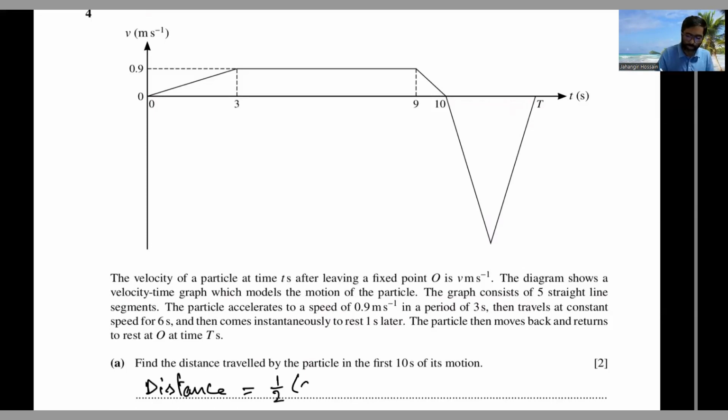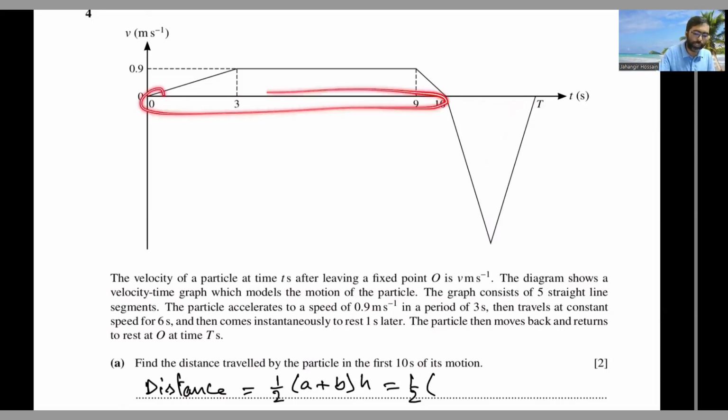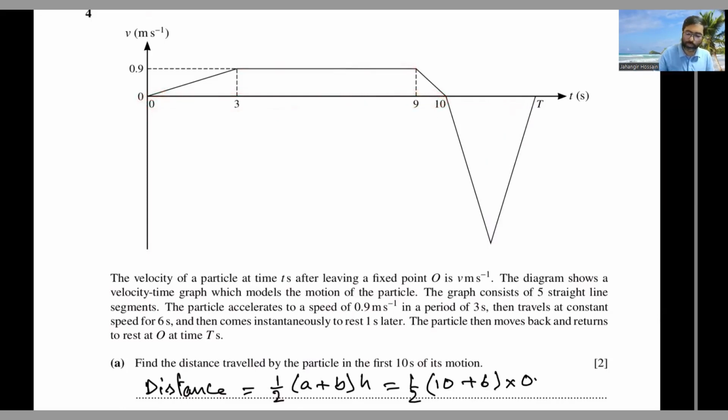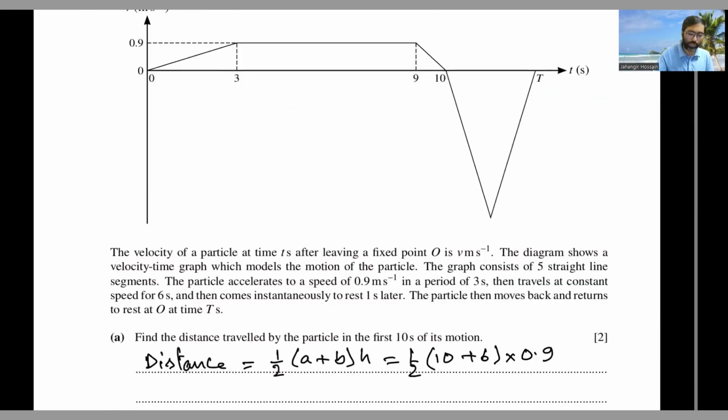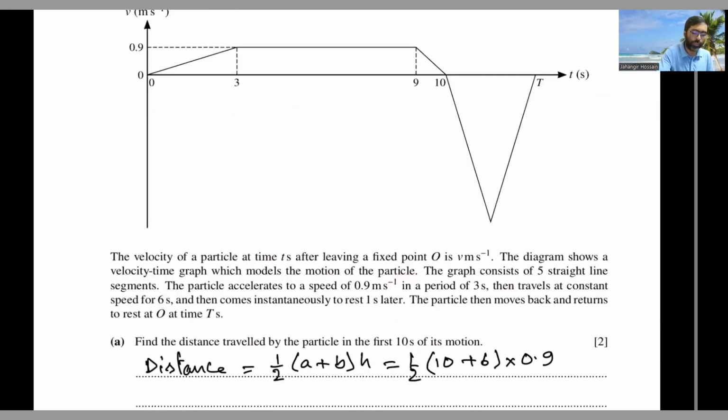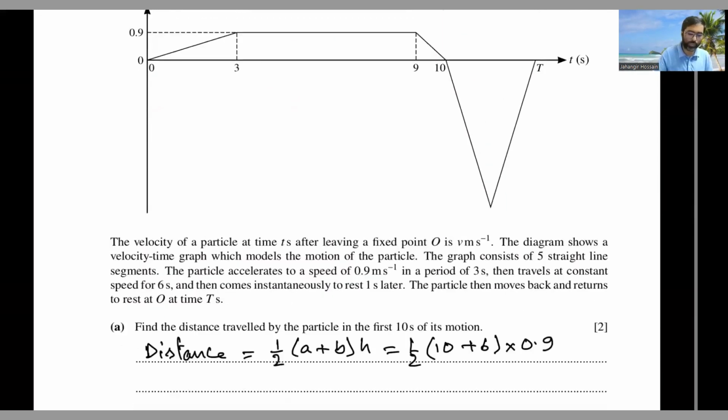If we apply the formula of a trapezium, it will be half into (a plus b), where a and b are parallel sides. a is 10 and b is 6, so this is 10 plus 6, and h is the distance between them. You can apply it directly, or you can find the area using its segments: triangle, rectangle, and triangle again. Or we can apply it like this.